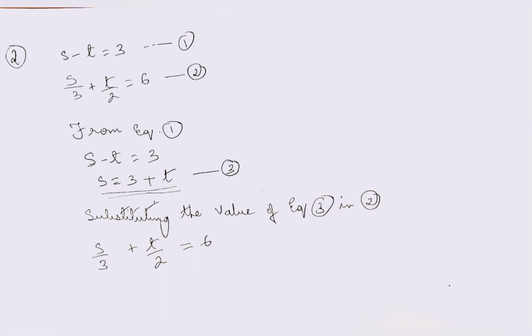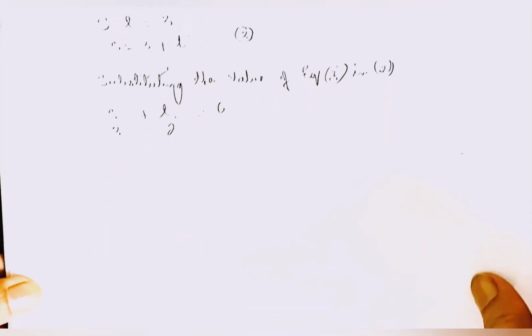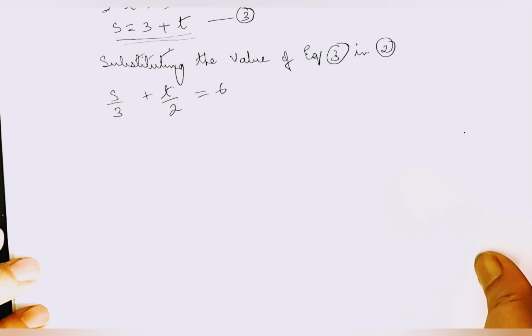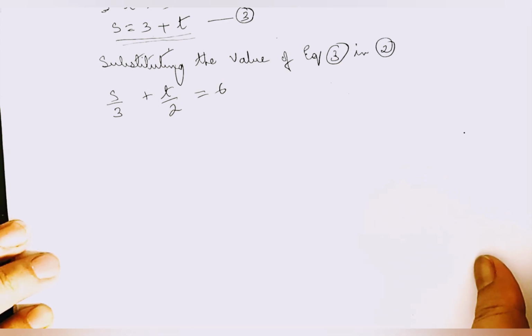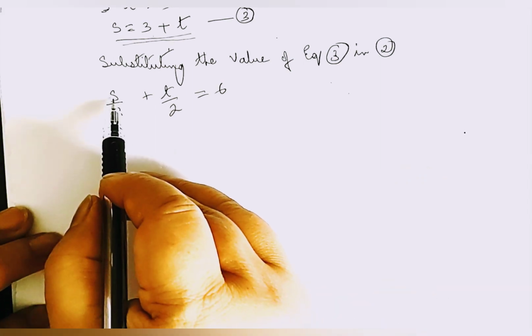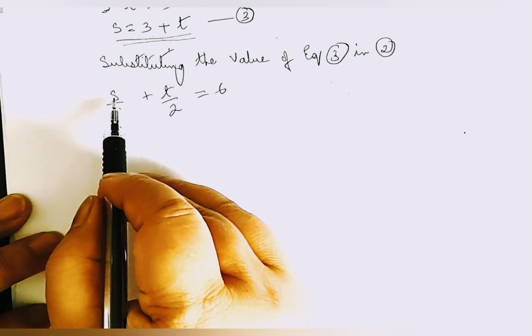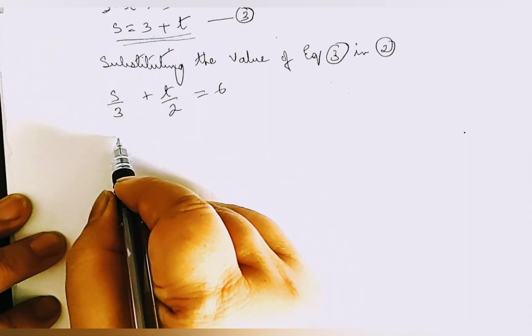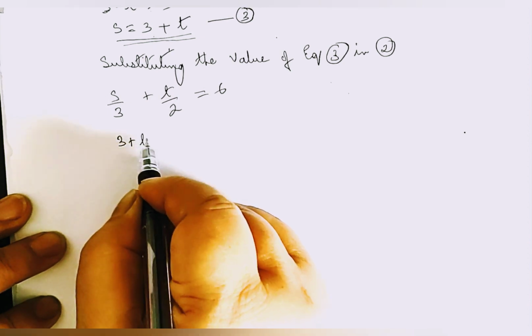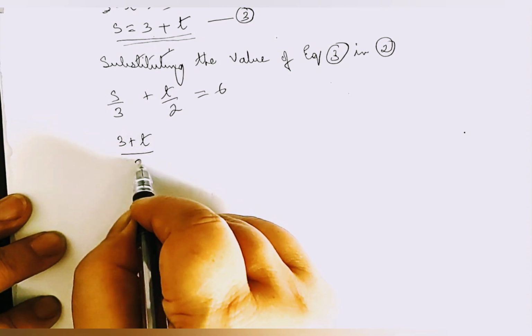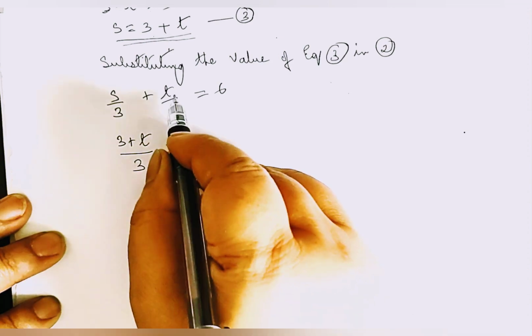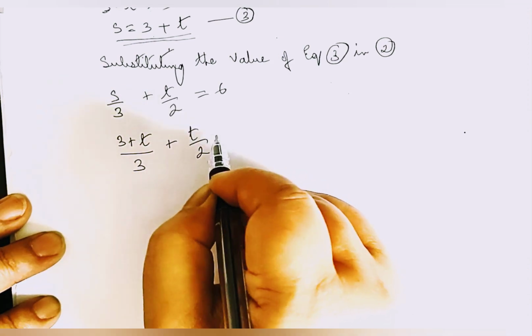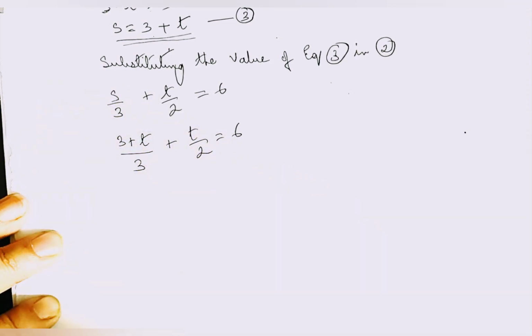Okay, now what I have to do is, I have to substitute the value. Now what is the value? S is equal to 3 plus t. So in this s, here is the s, and I will substitute this value, that is 3 plus t. 3 plus t by 3 plus this t by 2 is equal to 6.